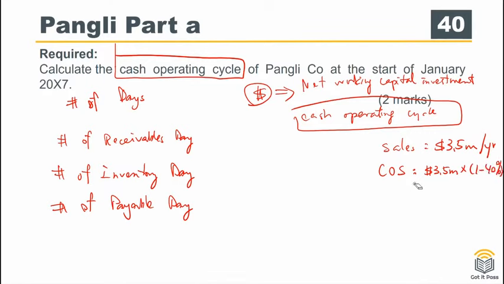With a simple calculation, the cost of sales is 2.1 million. So we have to get both the sales figure and the cost of sales figure to get the number of days in receivable, inventory and payable. For receivable days, what's the balance at the start of January 20X7?